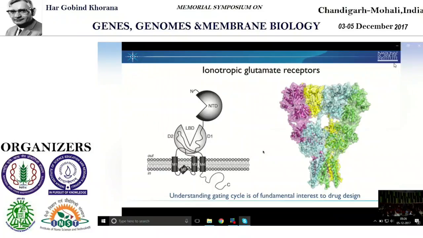Eric Gouaux, who also was in Govind's lab about the time that I was there, reported a seminal piece of work in 2008 or 2009, where he showed the structure of the resting state AMPA receptor. And from that point onwards, the challenge in the field for the next decade was to decipher the nature of the gating cycle. What actually happens when glutamate binds, and how is this relevant to the transport of ions across the membrane?